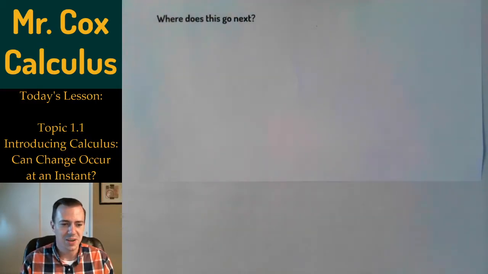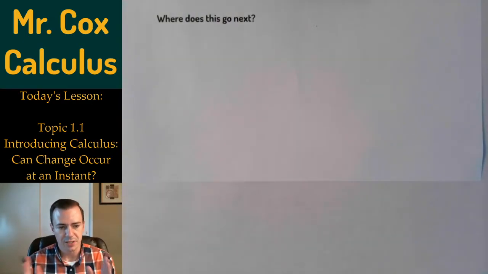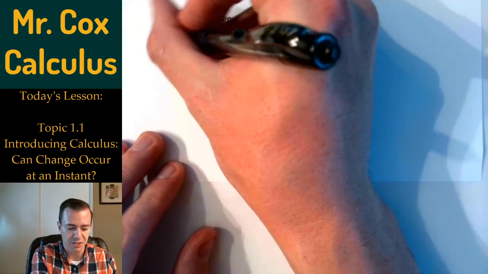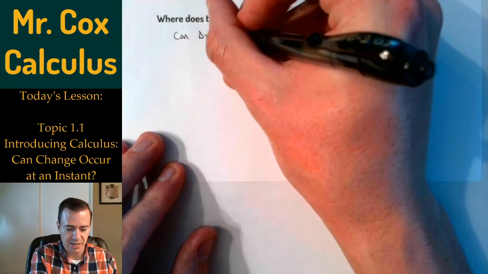So where does this go next, this idea of rate of change of functions that aren't necessarily linear? Well, we figured out that as we made delta x smaller and smaller and smaller, we were getting better approximations. So a question that maybe naturally we would ask ourselves is, can delta x ever equal 0?